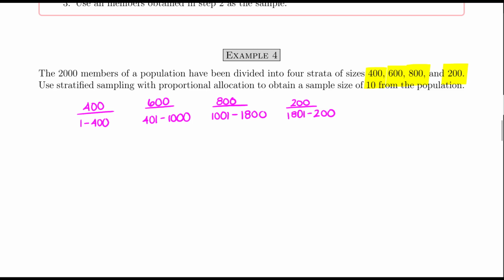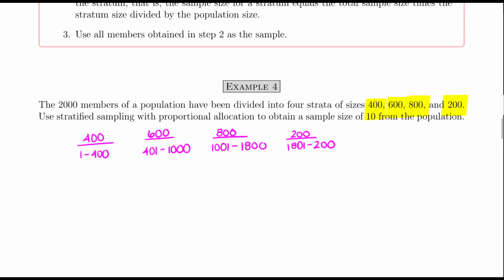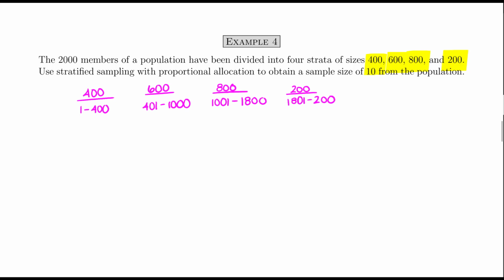So to do step 2, to find the simple random sample size for each one of these strata, we would take, let me change color here, so this is step 2: the total sample size times the stratum size divided by the population.